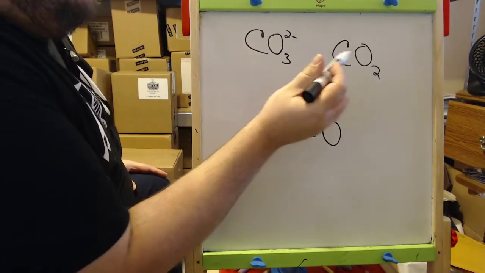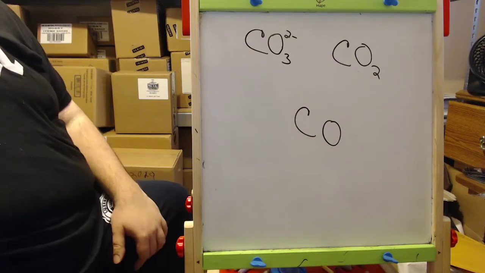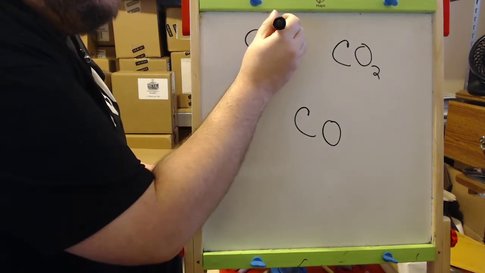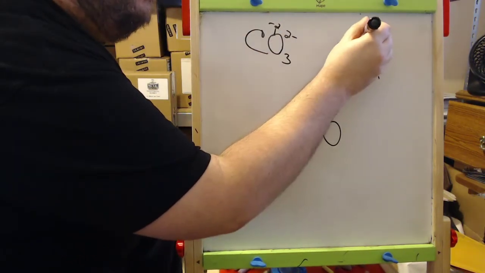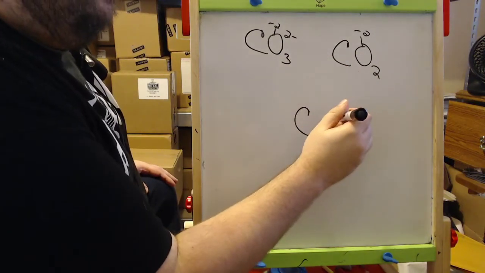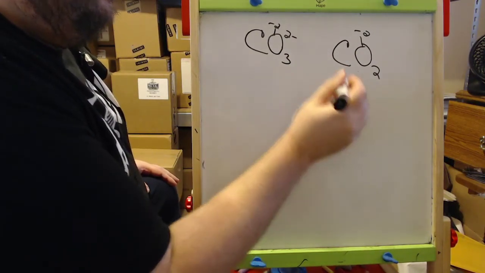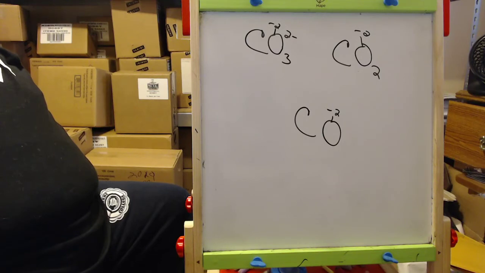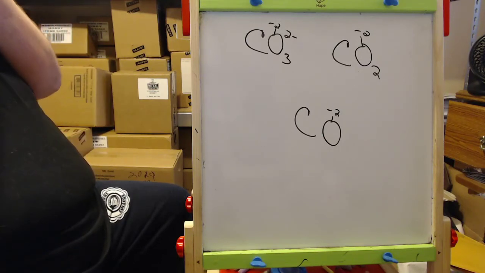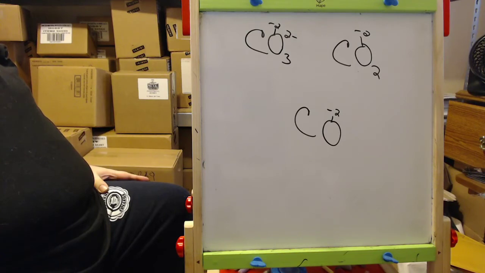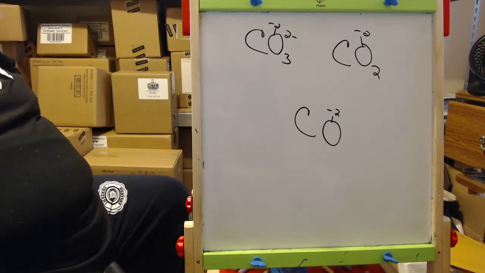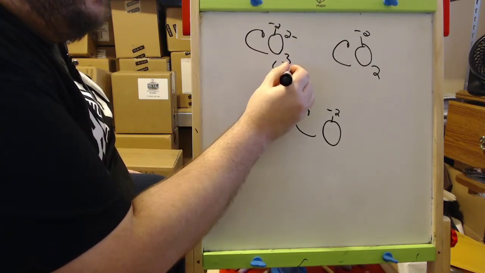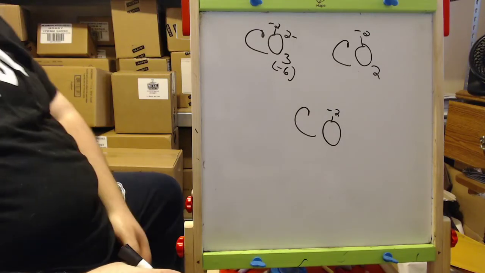So we got carbonate, carbon dioxide, carbon monoxide. Oxygen's going to be a minus 2 based on that rule. All right, let's figure out what carbon is. Oxygen, minus 2, 3 of them for a total of minus 6. What's carbon have to be?